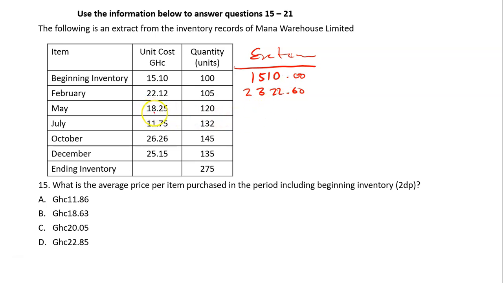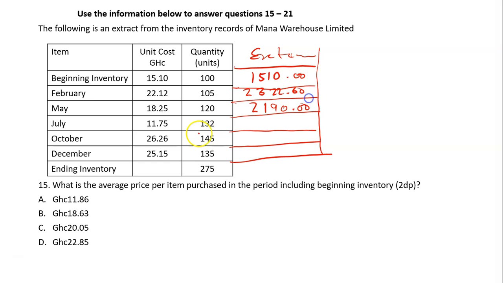Then for May, 18.25 times 120, you get 2,190.00. Let me draw the table. Now, for July, 11.75 times 132 will give you 1,551.00 also.